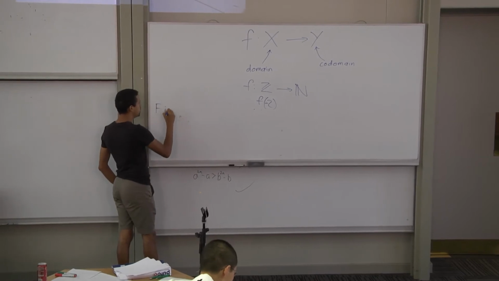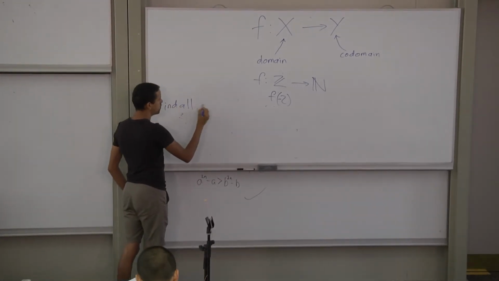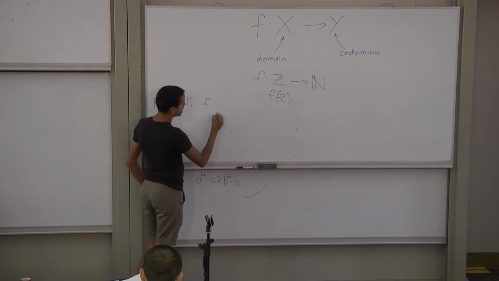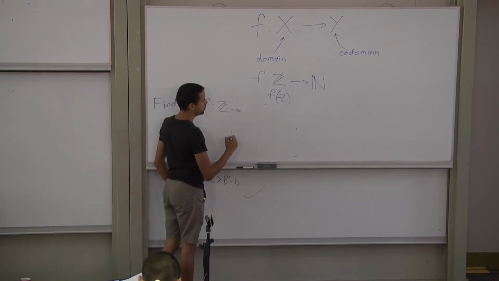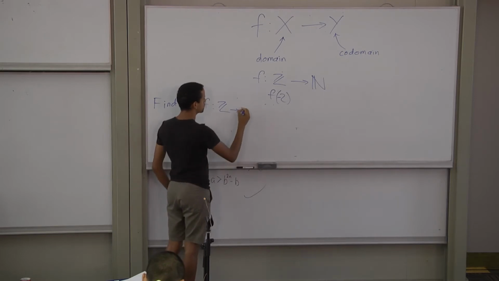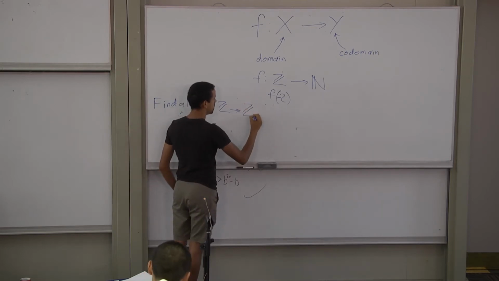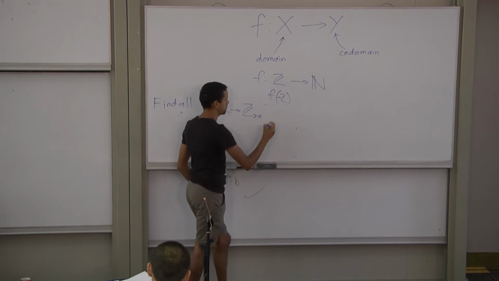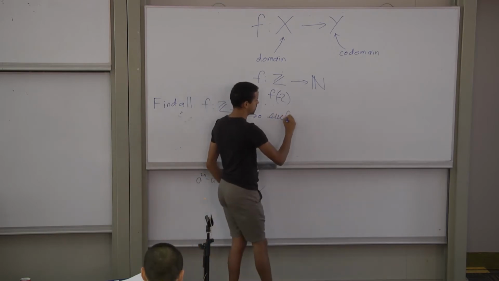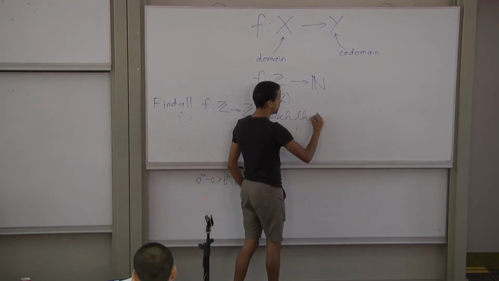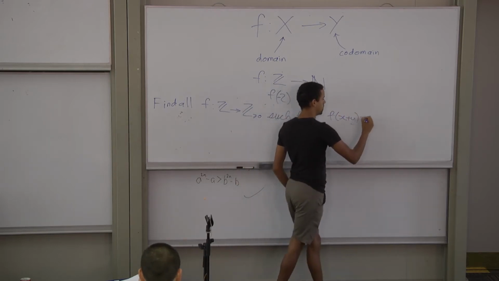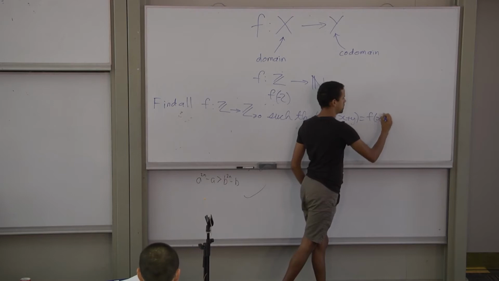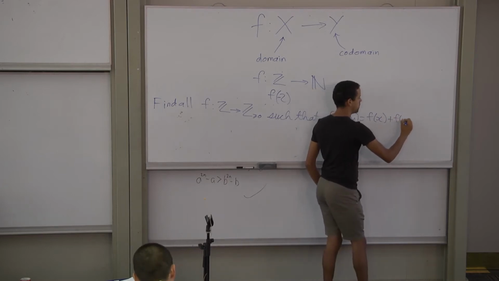Find all functions f from integers to, let's say, non-negative integers such that f of x plus y is f of x plus f of y.